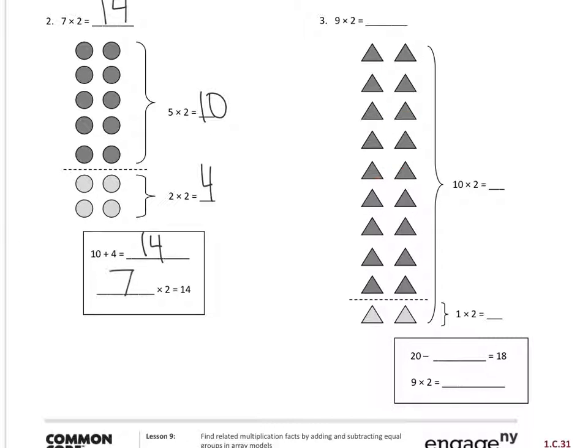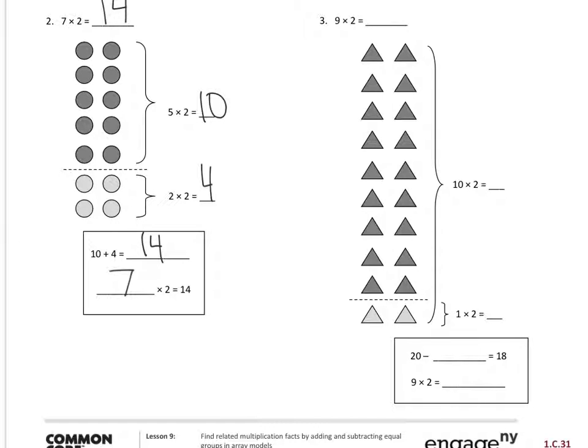9 rows of 2. Now this method, when I'm using a times 9, I can use 10 rows, and then I can take away one of my rows. Because, if you notice, 10s, 5s, and 2s are all of our skip counting facts.